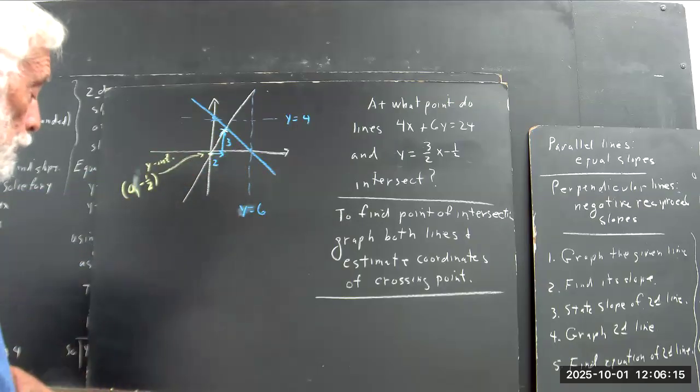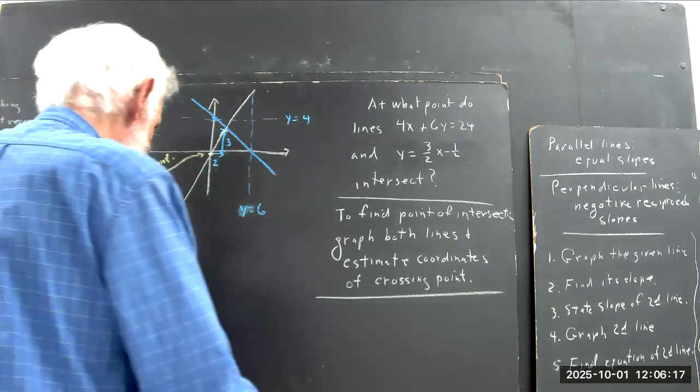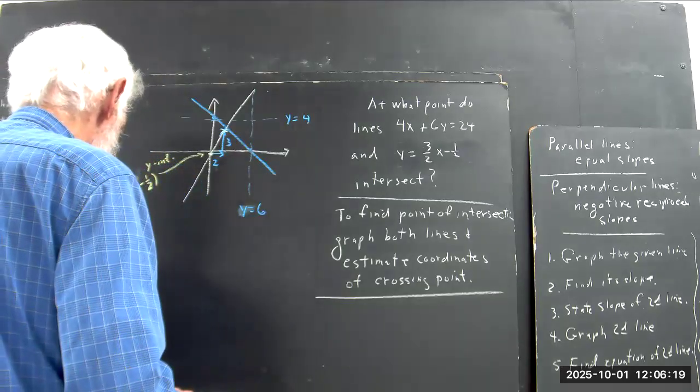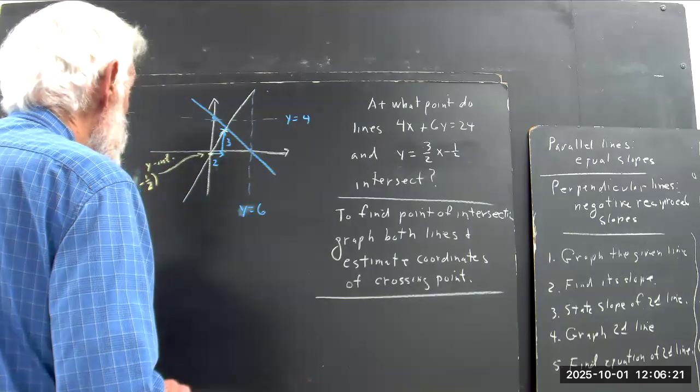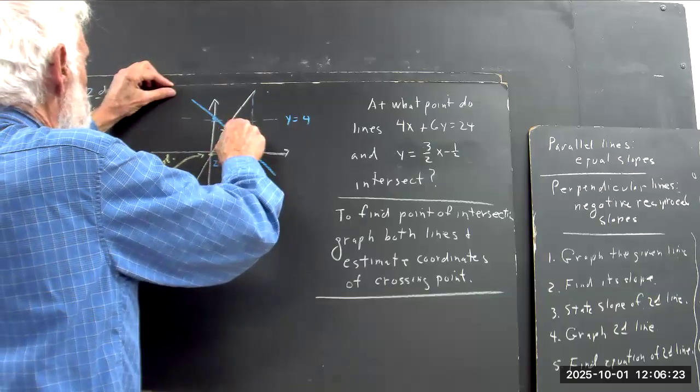We just use what we know about graphing the equation of a straight line. And we graph the 2 equations. We find the point of intersection. And that's going to be here.